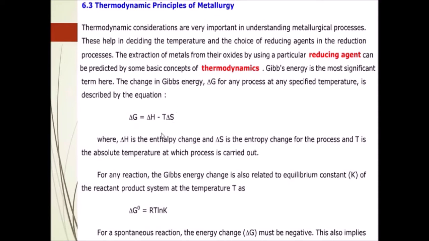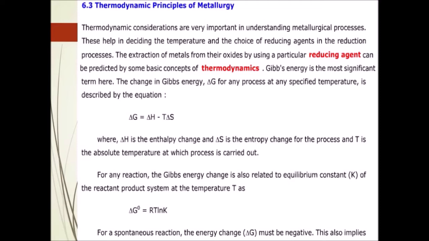If delta S is positive, delta G is negative, the reaction favors the forward direction and it is a spontaneous reaction. Remember again, the criterion for the feasibility of the reaction is only when delta G is negative. Now, what if delta G is positive?